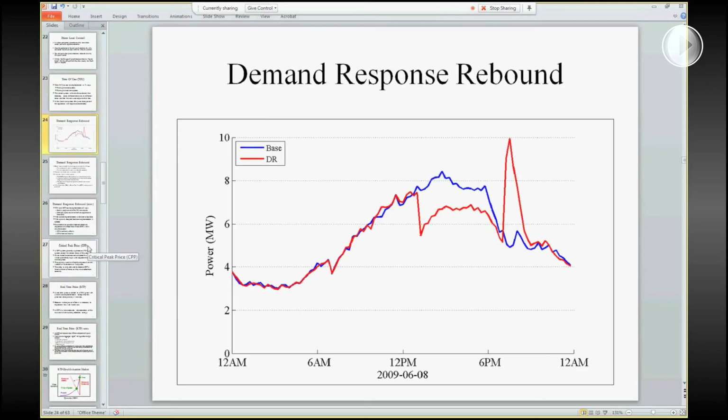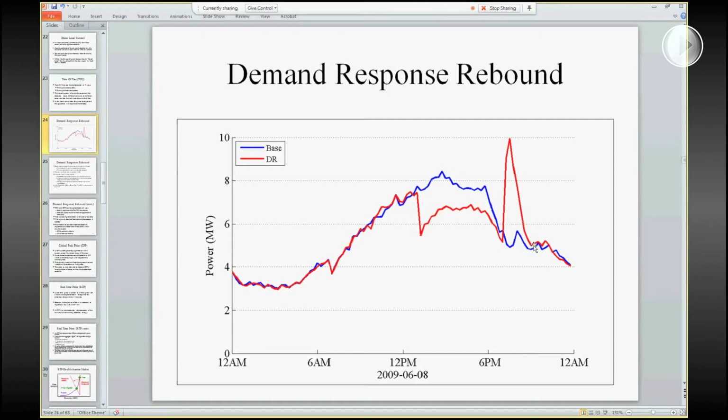Again, if you're using time of use, critical peak pricing especially, you can have an overabundance of what's called the rebound, or a kickback, or a number of other different options for it. This is obviously a fairly overblown case for an example, but this is with a large population of consumers with everybody responding. You see you get great reduction, but as soon as you release the signal, everyone goes, "Ooh, I'm hot.